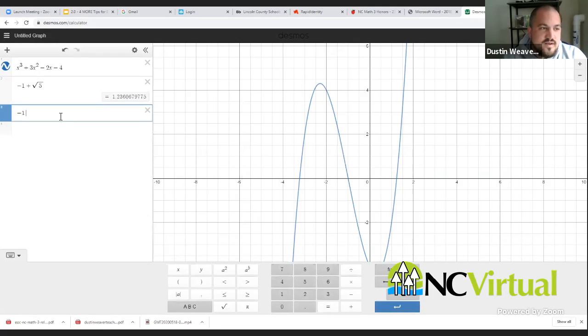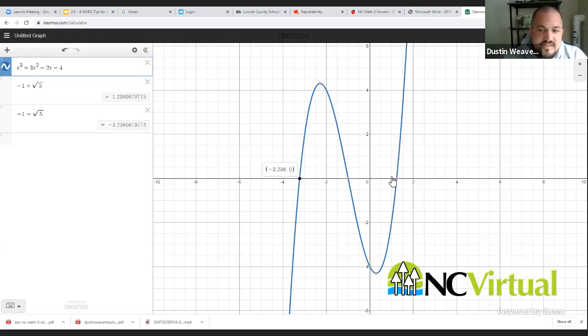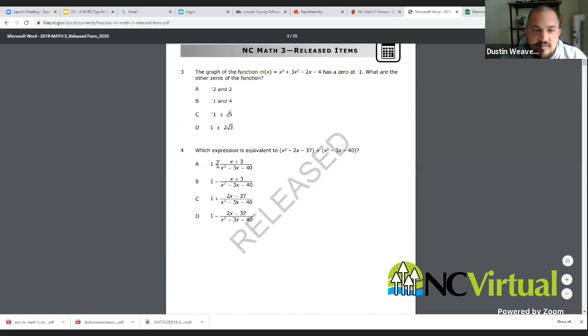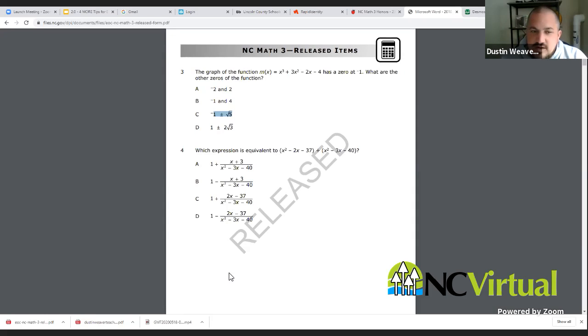And then -1 minus the square root of 5 is -3.236. So you can see how those are the two answers for that equation. So -1 plus square root of 5 and -1 minus square root of 5 are my other two options there in number 3. Those are the other zeros of the function.